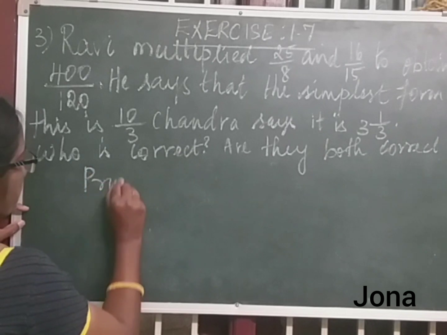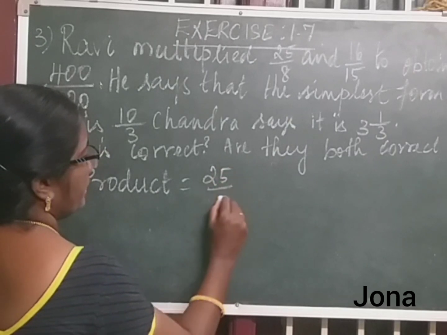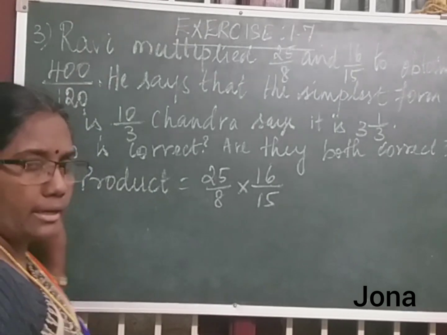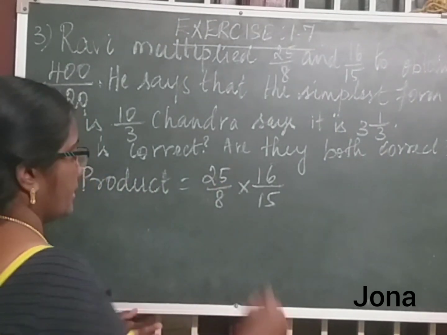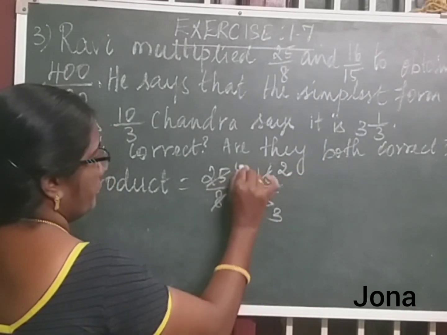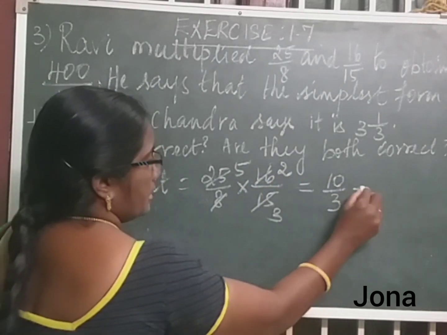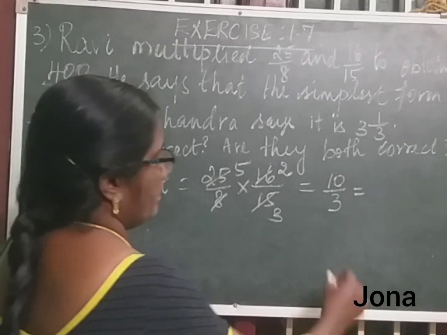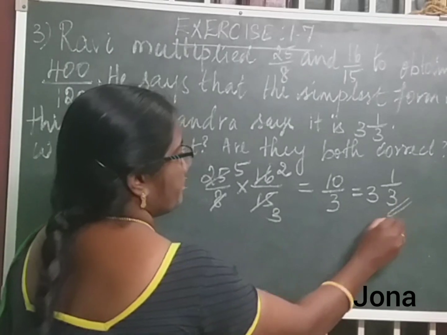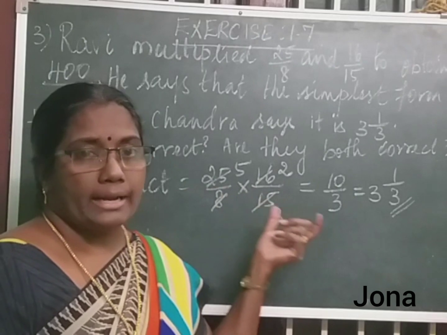The product is 25/8 into 16/15. Then I want to cancel: 2 times here, and 3 here, and 5 here, so that it will be 5 2s are 10/3. Again I can convert this improper fraction into a mixed fraction. 3 times, 1 is the remainder, so I can say 3 1/3. Now I found the product and its simplest form.